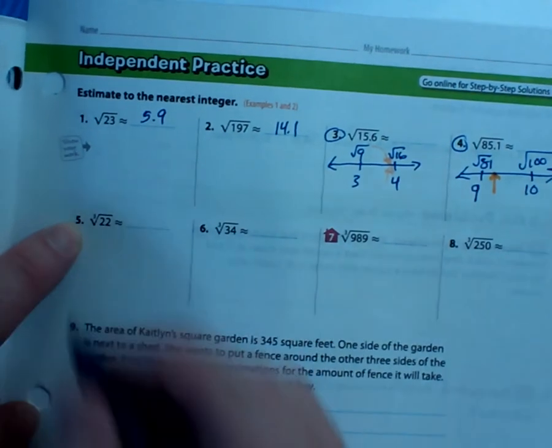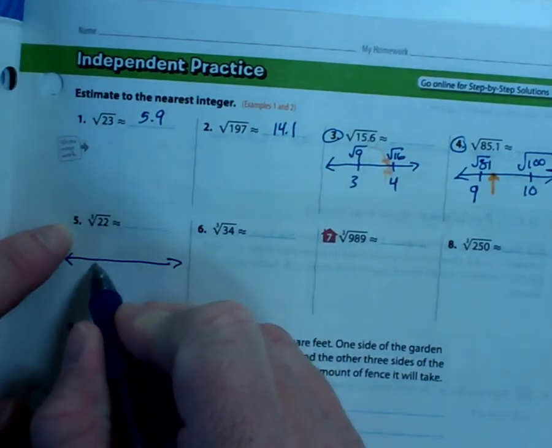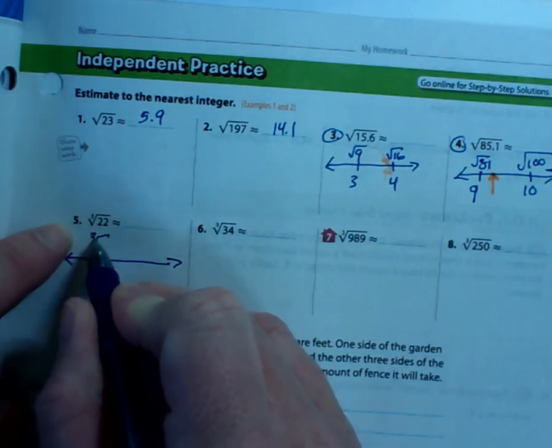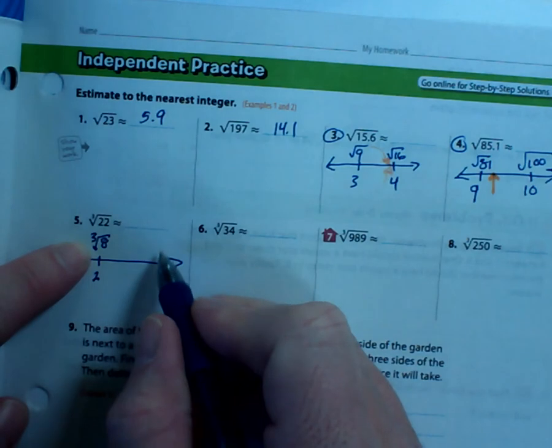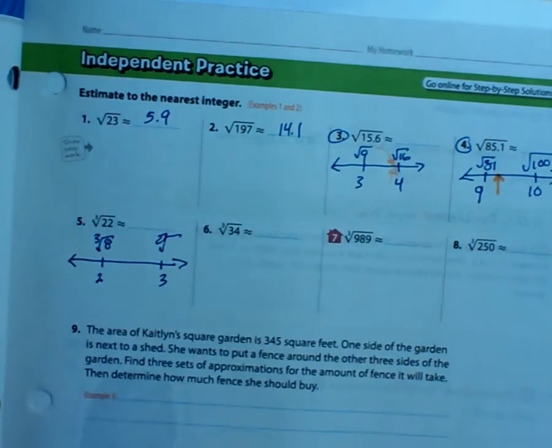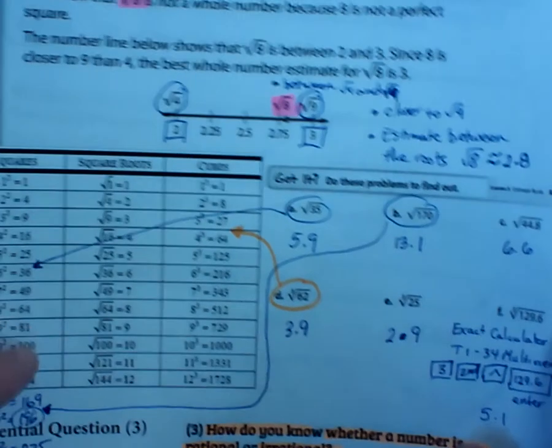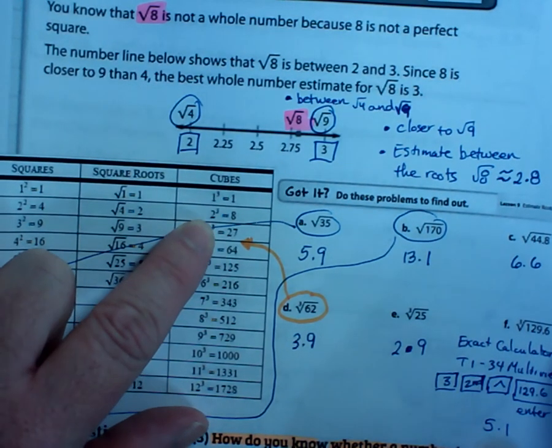Cube roots. Now you have to do the number line again. You do the number line knowing that the cube root of 8 is 2 and the cube root of 27 is 3. How do I know that? Well, I know the perfect cubes. 3 cubed is 27. 2 cubed is 8.